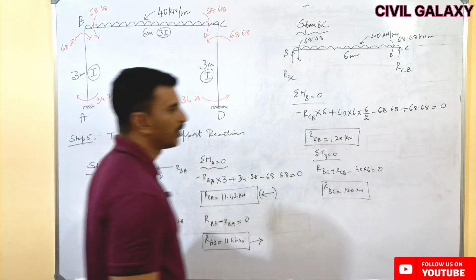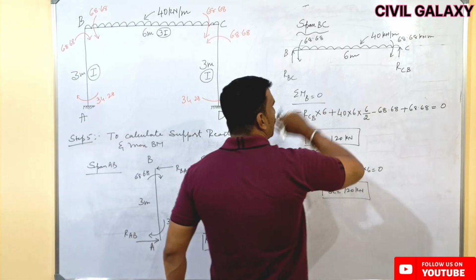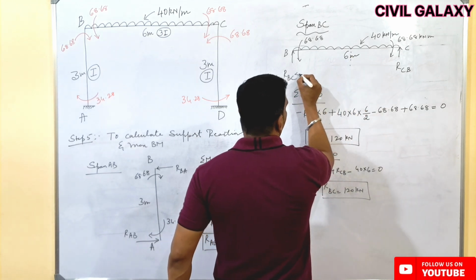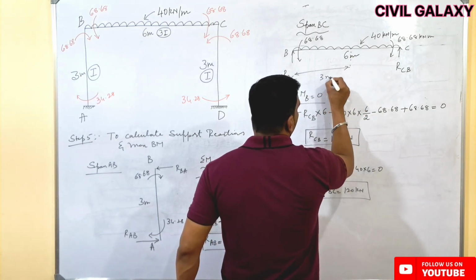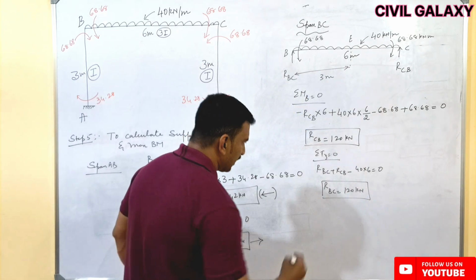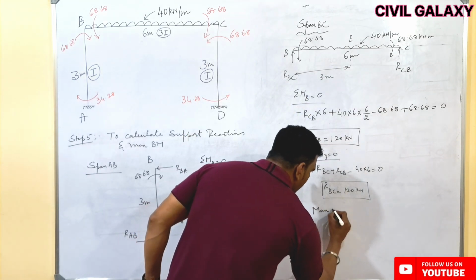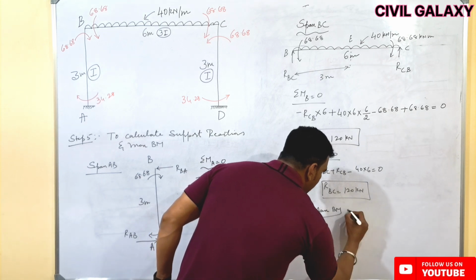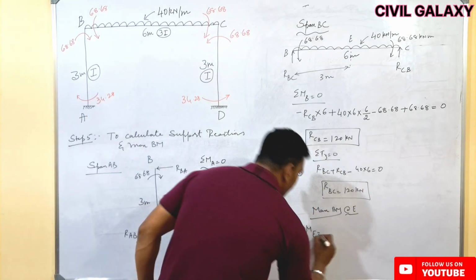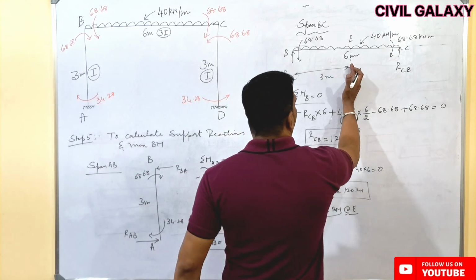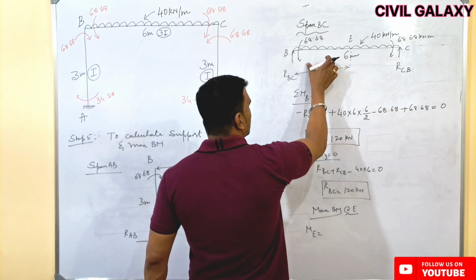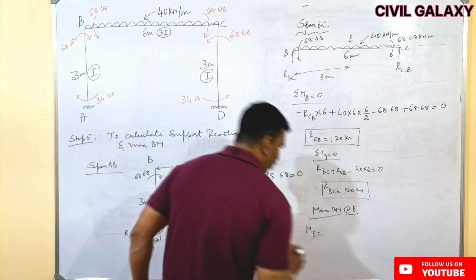Now we know that since it is carrying a UDL, the maximum bending moment will be exactly at the center, at a distance of 3 meters. If we consider this point as point E, we can calculate the maximum bending moment at point E, and represent it by ME. About this point, considering from the left direction, it is RBC into the distance 3, rotating clockwise, so positive.